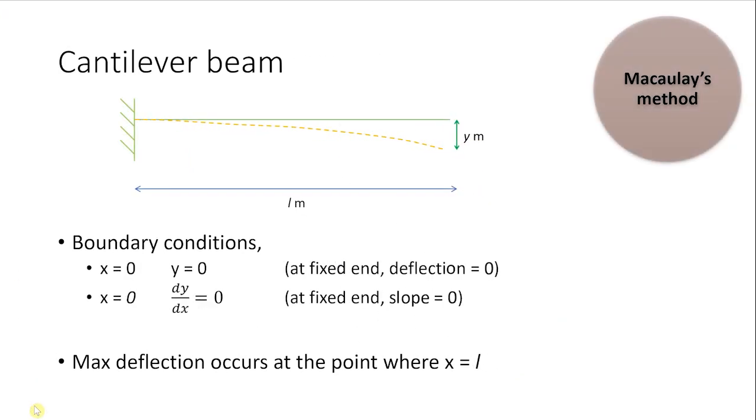Then we are going to look at the cantilever beam, Macaulay method. What are its rules? For the cantilever beam, how do you recognize it? It looks like this. The beam is hanging, meaning here there will usually be a fixed support.